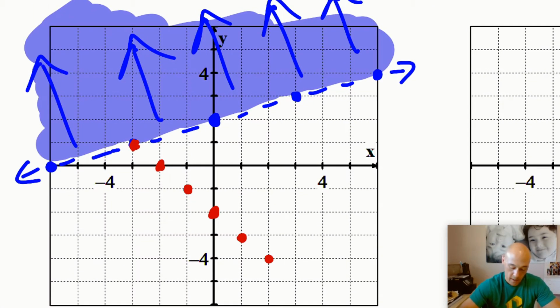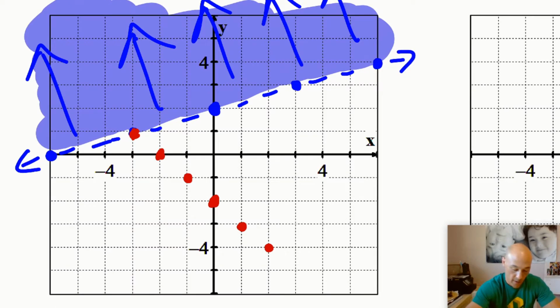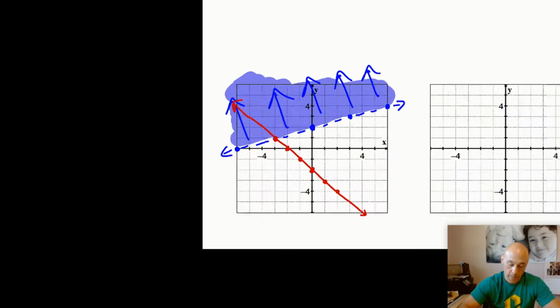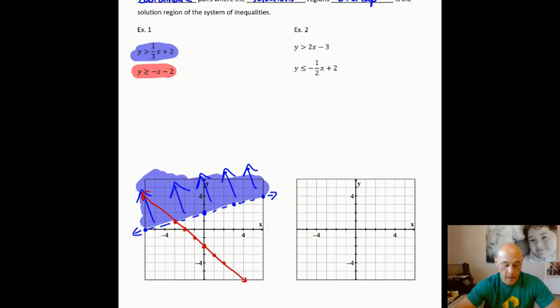So I can continue to graph that and see that it's going to be coming right here. And now this is, again, y is greater than or equal to, so we're going to shade above. So here is where we're shading.